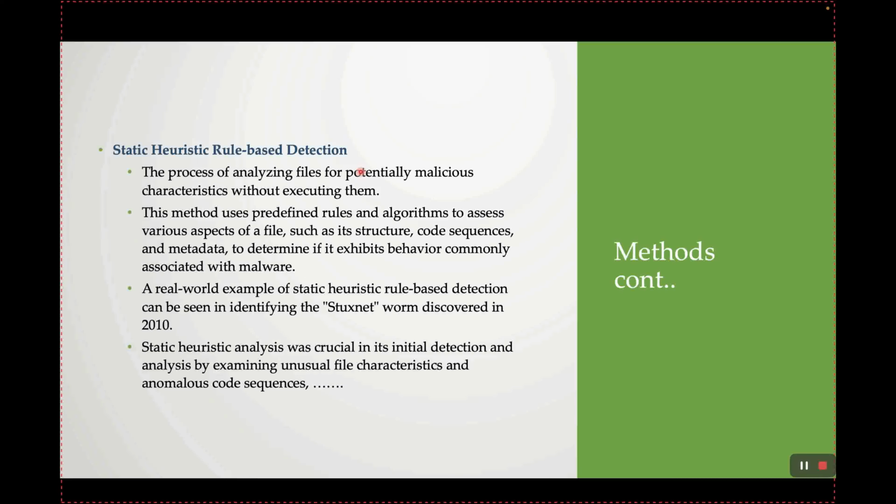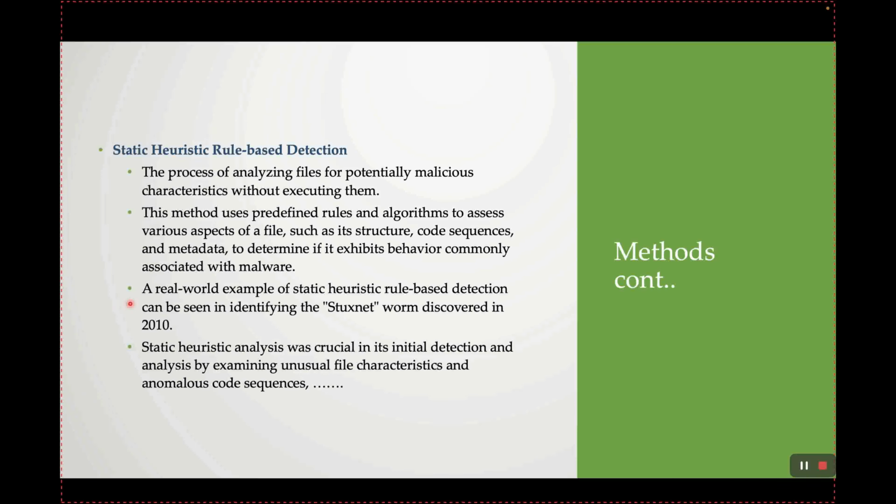Now, static heuristic rule-based detection is the process of analyzing files for possible malicious characteristics without executing them. That's why it's called static, not dynamic. This method uses predefined rules and algorithms to assess various aspects of a file, like the file structure, the metadata, and the code sequences, to determine if it exhibits behavior commonly associated with malware.